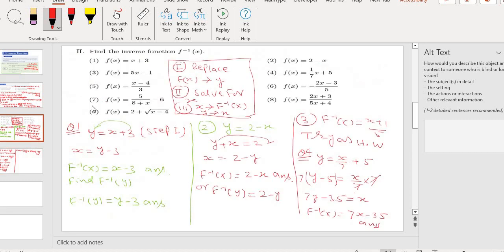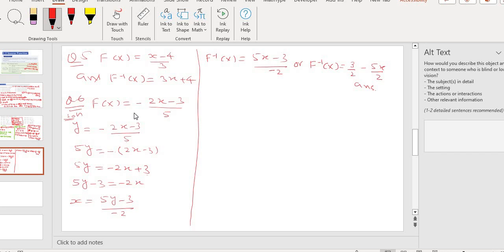Now I am going to solve question number 7. Question number 7 is f(x) equal to 5 divided by (8 plus x) minus 6. First step is you need to replace f(x) as y.